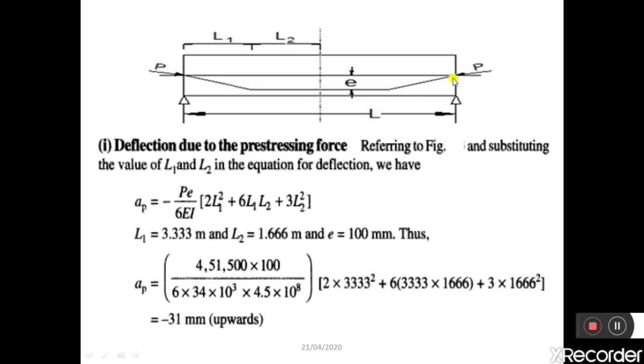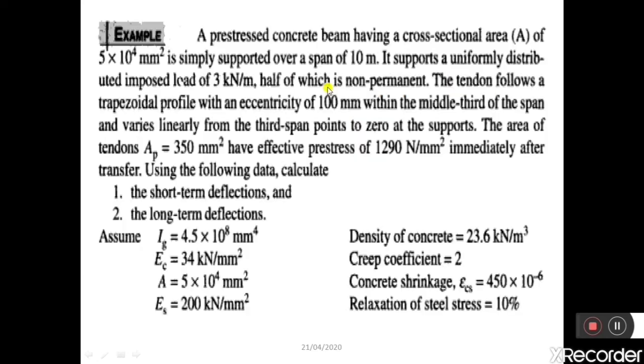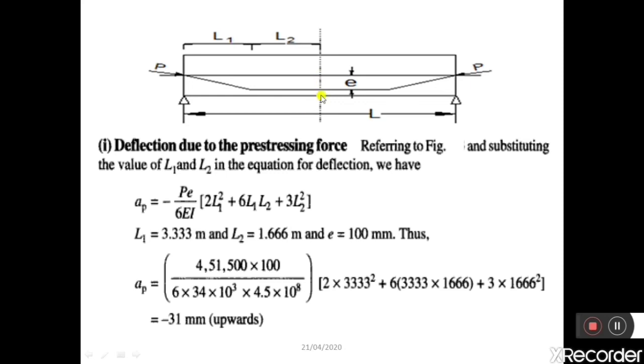It is given that the eccentricity of the cable at mid span is 100 mm. So up to one third distance from the support, the eccentricity is 100 mm on either side, and from this one third distance the eccentricity is linearly varying to 0 at the supports.